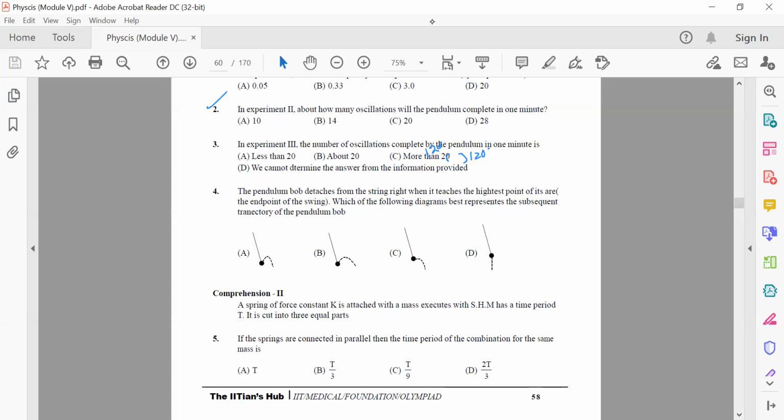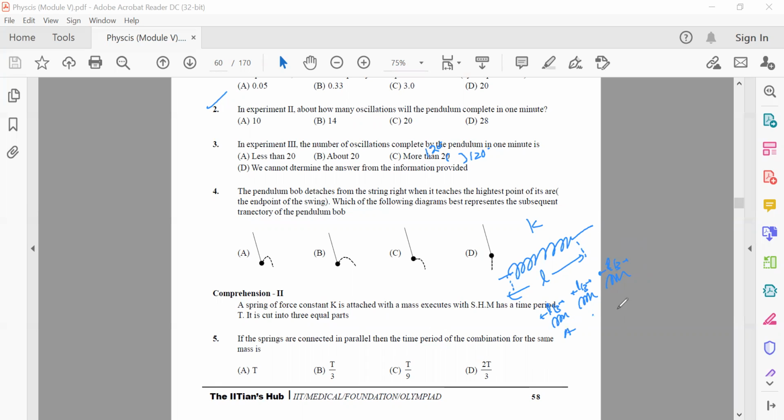When we cut a spring of constant k into three equal parts, this constant is k and this length is L. Now if we cut it into three parts which are of length L by 3 each, can you tell me how much will be the spring constant of each part? 3k. Yes, very good. It will be 3k.